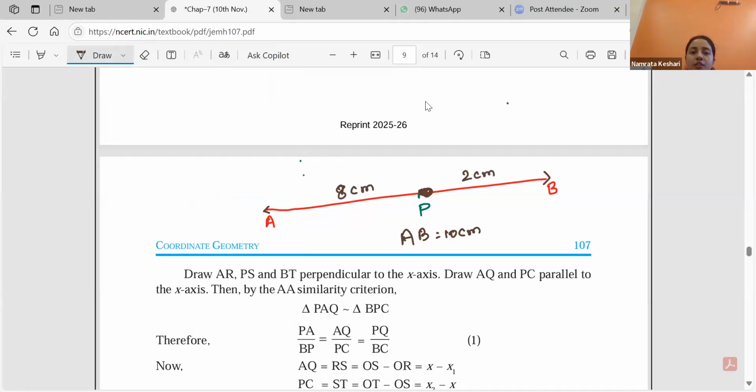Now, if you find the ratio between AP to PB, the ratio is 4 is to 1. So I can say that P is dividing the straight line AB in the ratio 4 is to 1. Are you getting it?